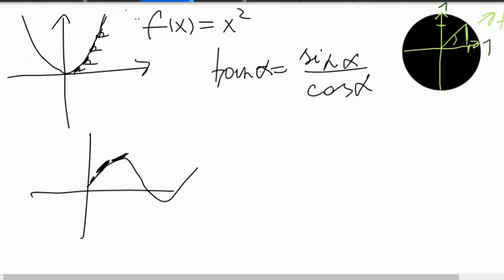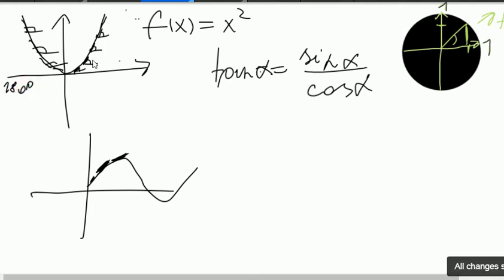And when the function is decreasing, when you draw tangent lines, I will do it like this. You see that the tangent line and the x-axis create an angle bigger than 90 degrees and smaller than 180 degrees.